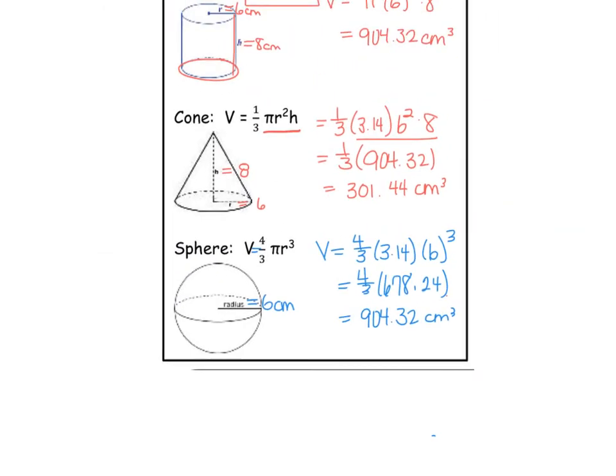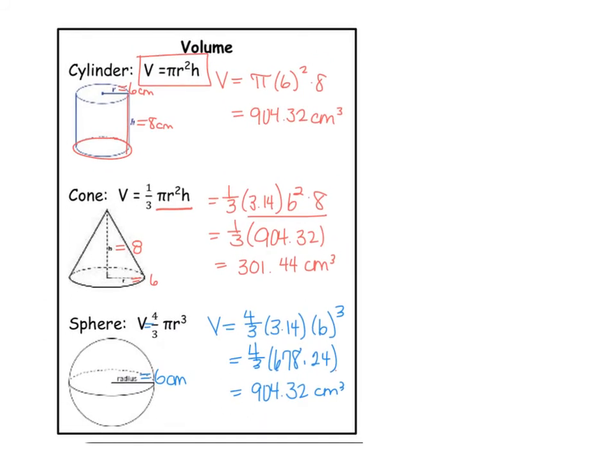Now what I would like you to think about, and I'll talk about this in class tomorrow, and this is just an extension of what we did: if we have a cylinder with a radius of 6 and a height of 8, and a sphere with the same radius, how come we get the same volume? We'll talk about that in class tomorrow, or if you can think about it, you can tell me what you think in class tomorrow.